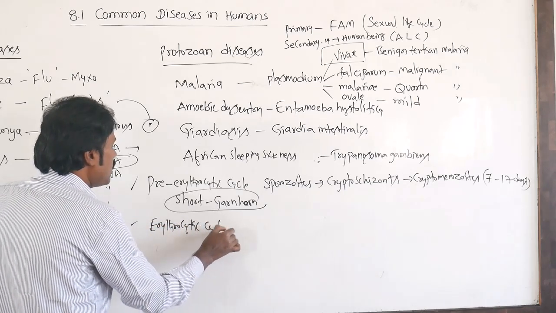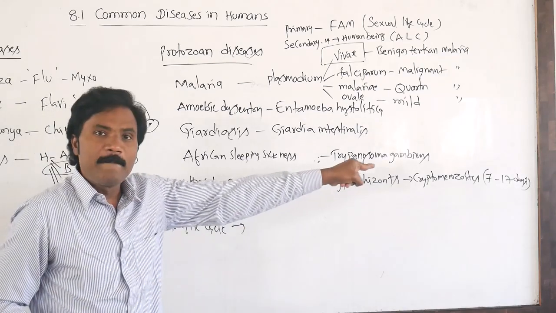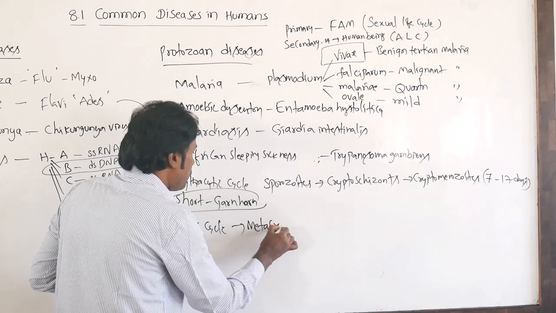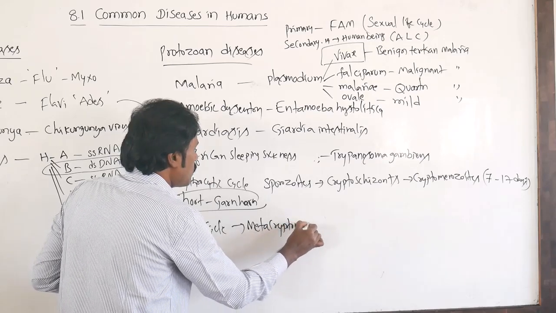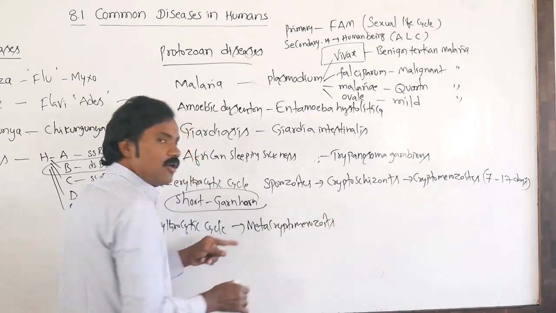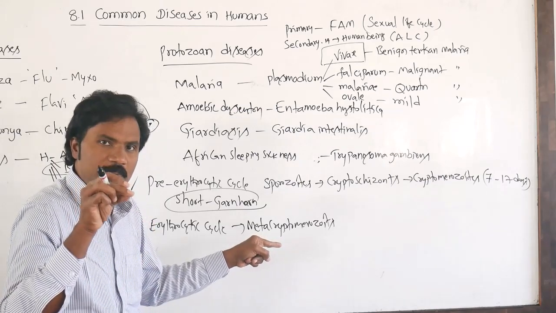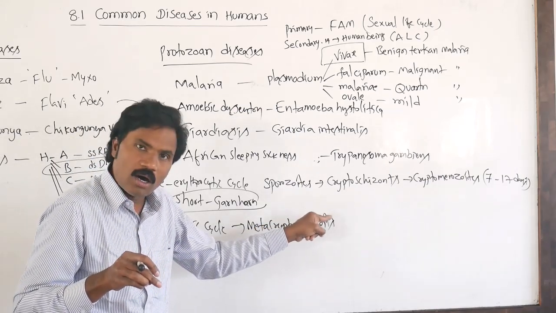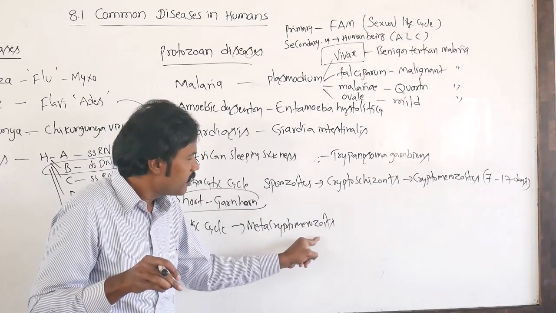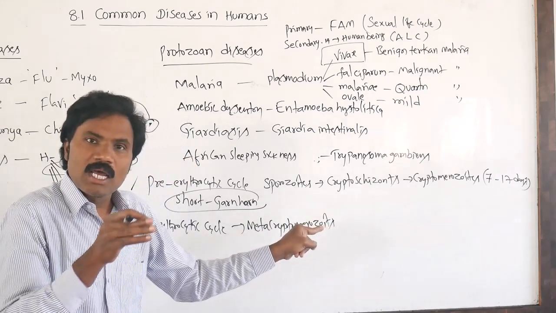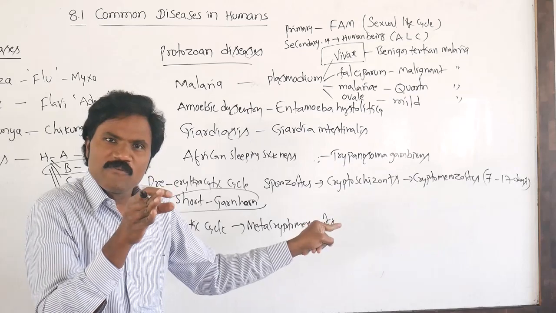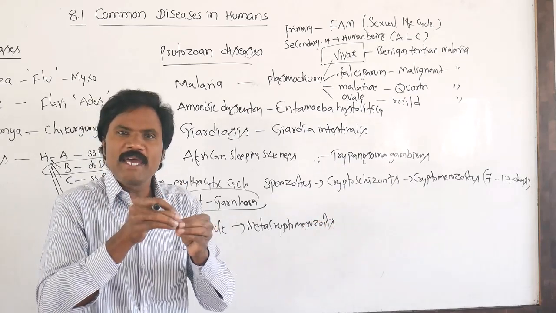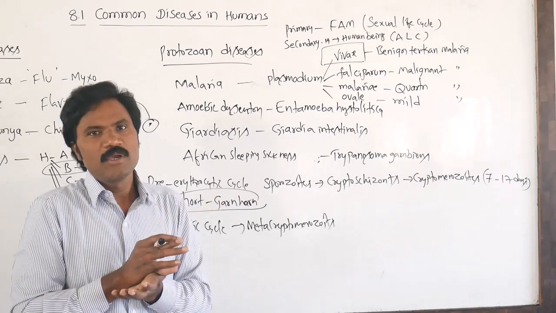Erythrocytic cycle. In secondary infection, the metacryptomerozoites enter the RBC. After entering the RBC, what happens? In this RBC, a large vacuole forms.